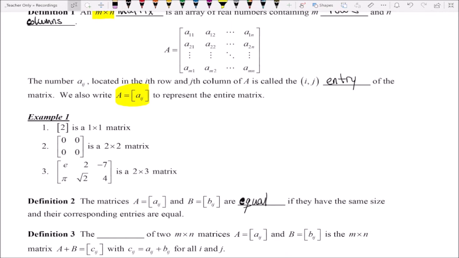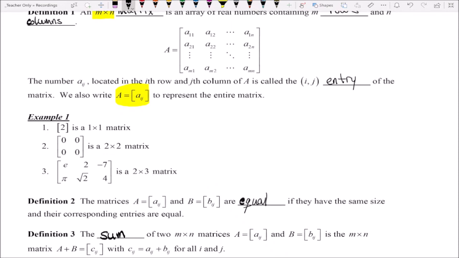The sum of two m by n matrices A and B is the m by n matrix A plus B, where the ij entry of A plus B is the sum of the ij entries of A and B. Notice that in order for the sum of two matrices to be defined, the two matrices have to have the same size.